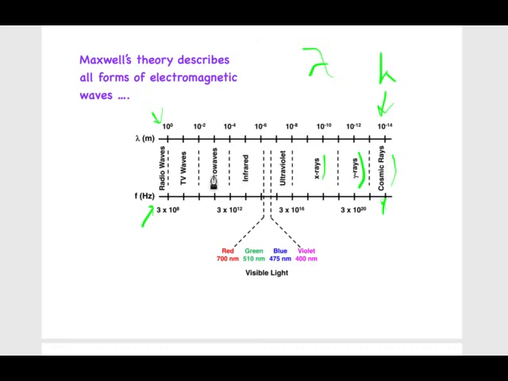For the long wavelengths, well, there's infrared. You've sat in front of a fire and felt the heat. That's infrared waves. That heat is infrared electromagnetic waves impinging on your skin, and it feels hot. You go a little higher, you come to the microwaves, which we use every day to cook our food.